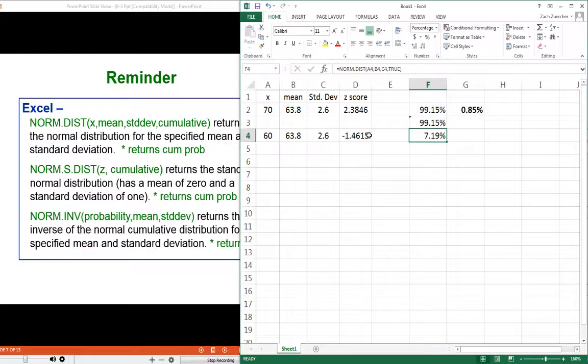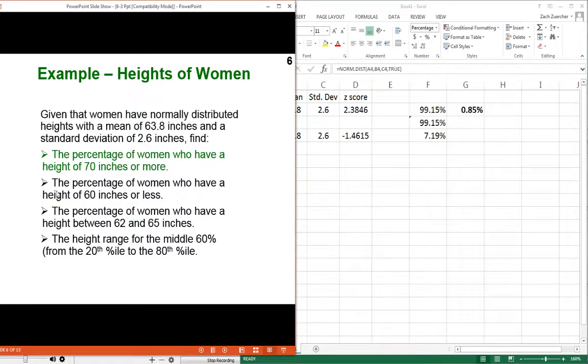Remember, this function gives you the cumulative probability from the left, and what we were asking for is the percentage of women who have a height of 60 inches or less. So we're looking at the area to the left of the value of 60.